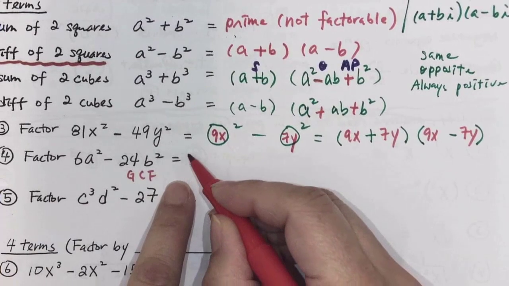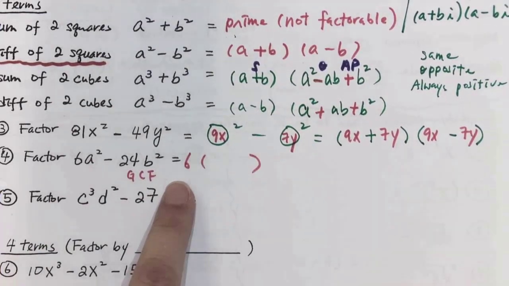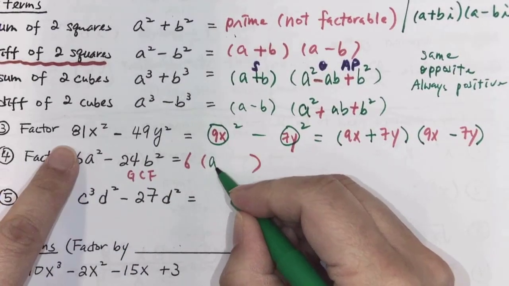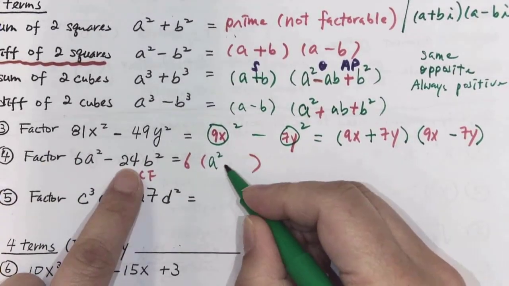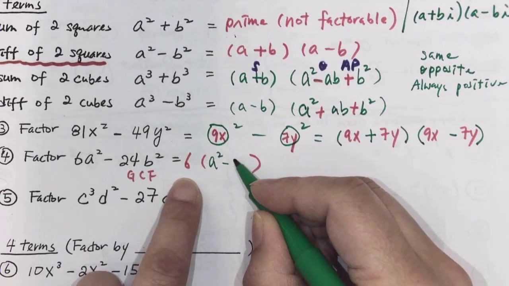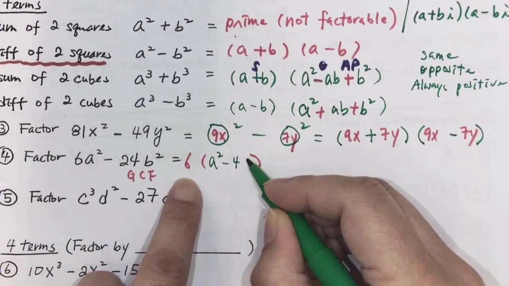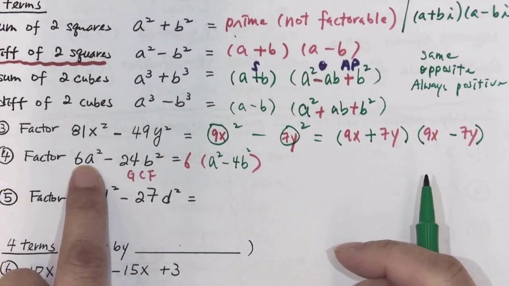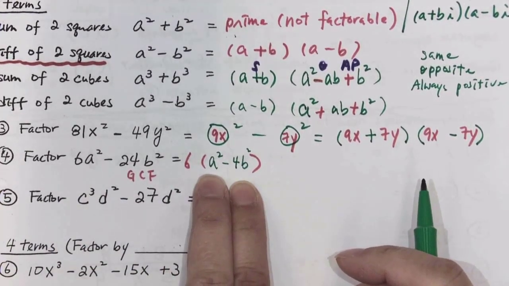What is the GCF? 6. If we pull out a GCF of 6, what do I have inside? a squared. 24 divided by 6 is? Oh, it's 4. Okay, 4. And then b squared. Again, you should multiply and get back that, right?